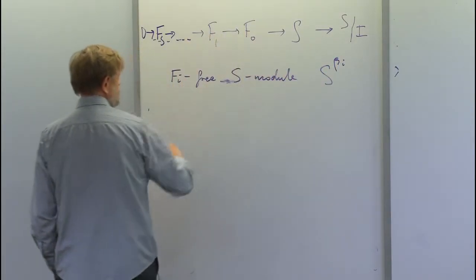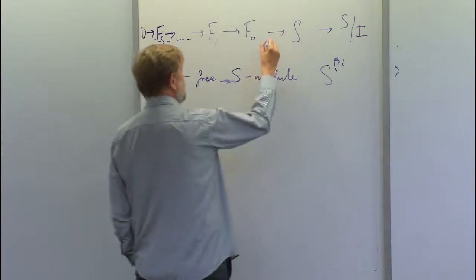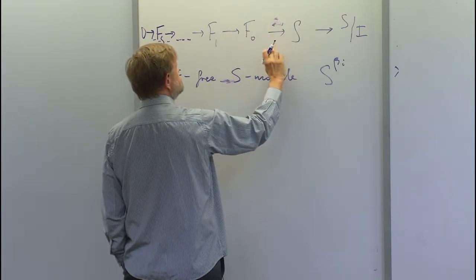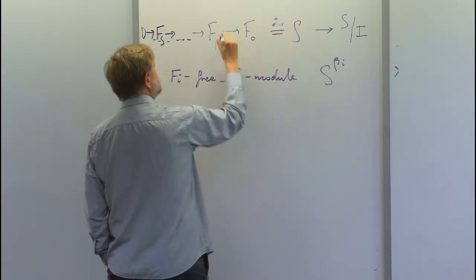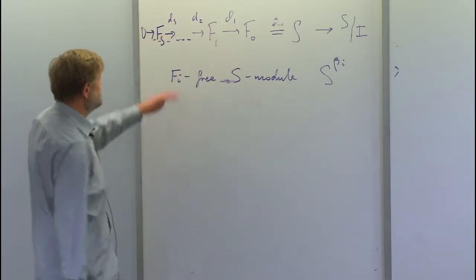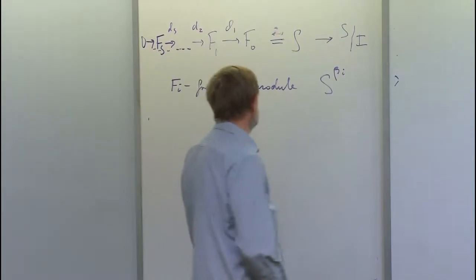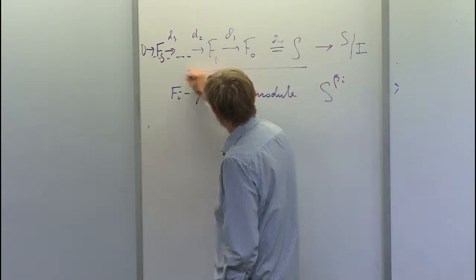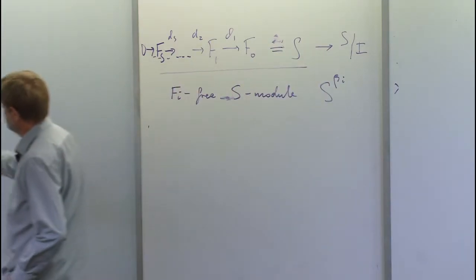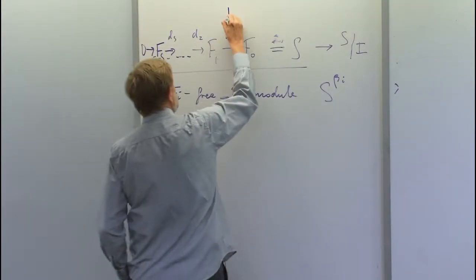If you choose a basis in those free modules, you can think of maps D1, D2, up to Ds. So these are really some matrices. And you see the point is you will always have one generator because it's just a quotient of the ring S by some ideal. So for example, F1 will tell you about the equations.